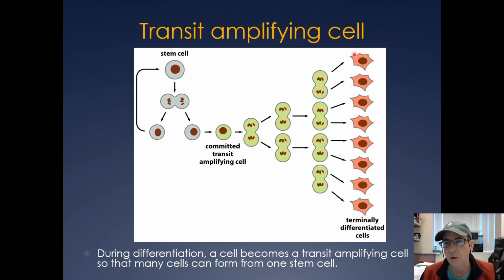Okay, so what ends up happening is you basically have one stem cell that gives rise to many different terminally differentiated cells. And if you guys just go back to the cancer lecture, we talked about this when we were talking about cancer stem cells, okay, which is one of the things that makes cancer such a difficult thing to treat.